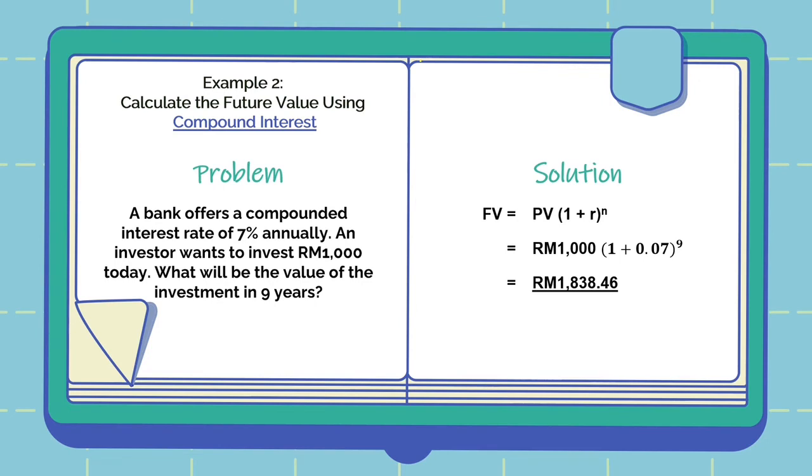Hence, the future value FV is equal to 1000 times 1 plus 0.07 to the power of 9. The answer is 1838.46. Therefore, after running the numbers, the investor will find his investment's future value after 9 years is RM1838.46. That's all from me.